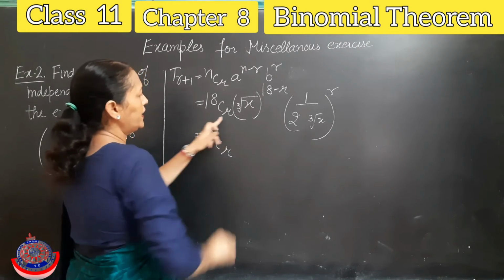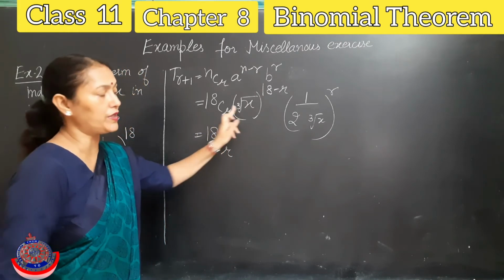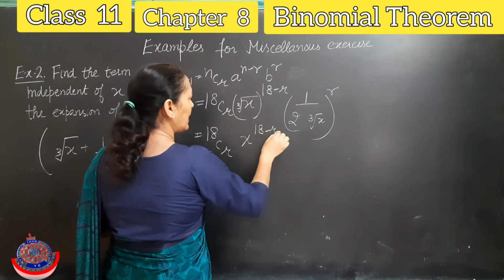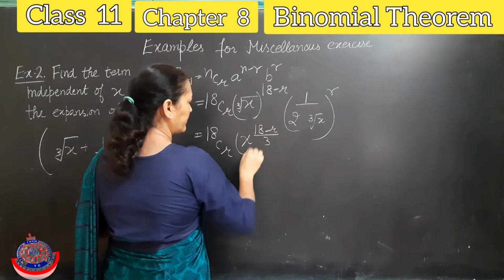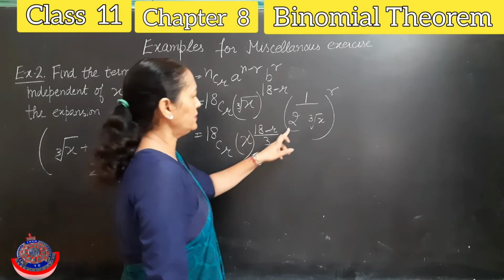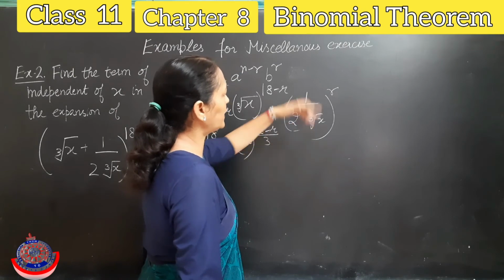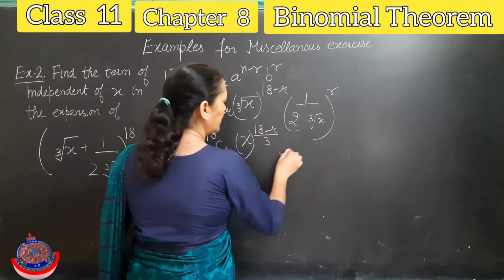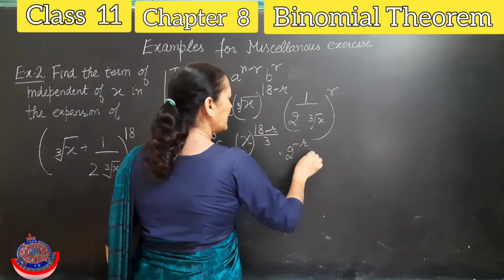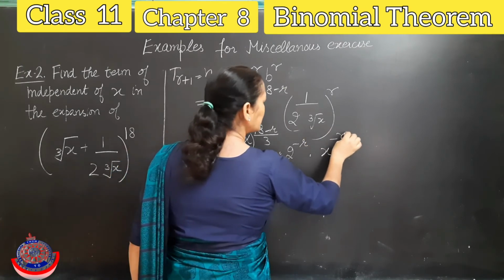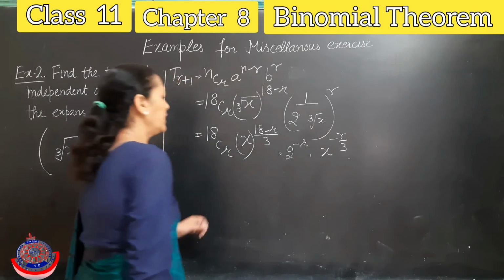18Cr. Here this cube root means power 1 upon 3. So we can write it as x power 18 minus r upon 3. And this 1 upon 2, if we take it in the numerator, it will be 2 power minus r, and this one will be x power minus r upon 3.